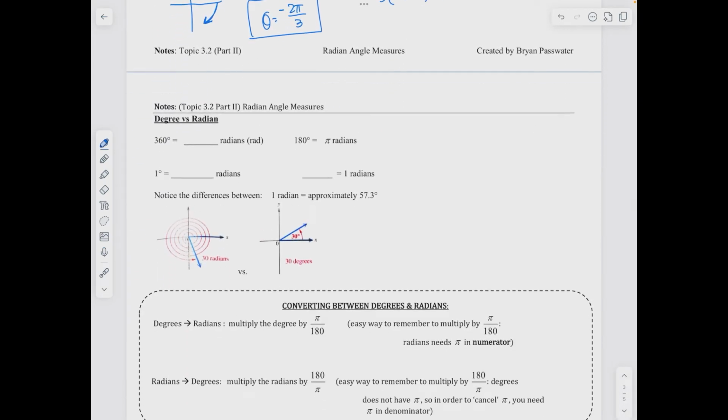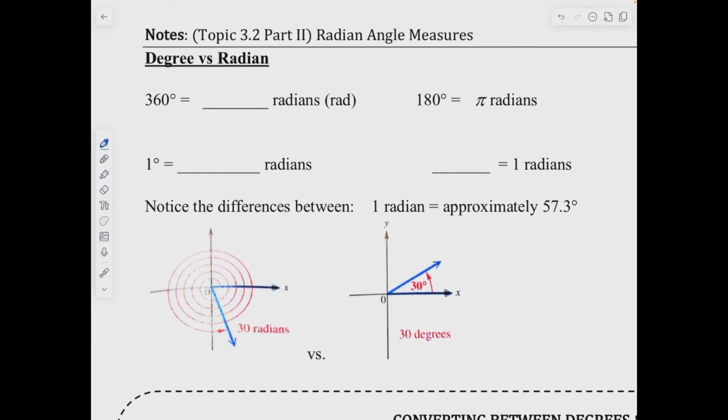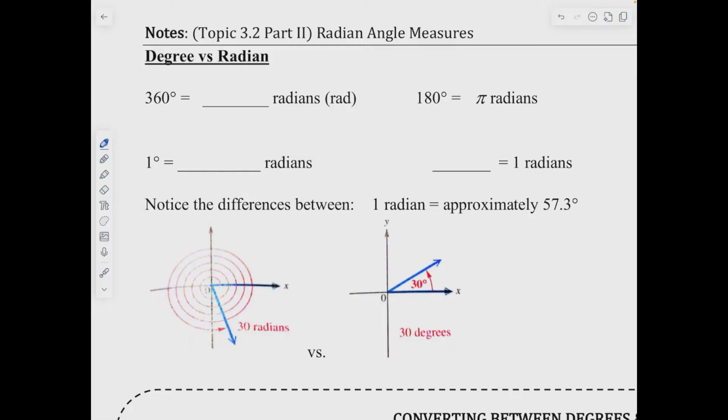Okay, so what we're going to be talking about now is this idea of degrees and radians, because again, we're going to have to be able to go back and forth between them. So what we should know now at this point is the equivalent values. So 360 degrees, one time around the circle, is going to be the full circumference, so 2 pi r.